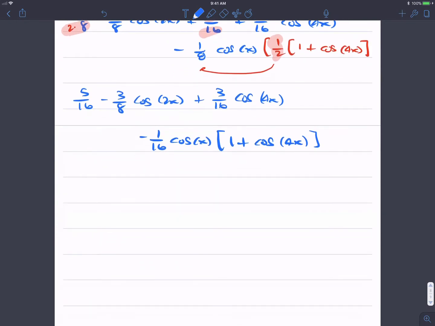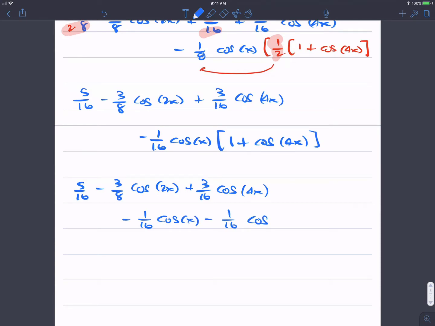And now I can write this a lot better now. So I got 5/16 minus 3/8 cosine 2x plus 3/16 cosine 4x. This is going to give me a minus 1/16 cosine x minus 1/16 cosine of 4x.